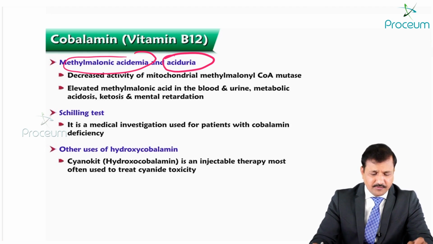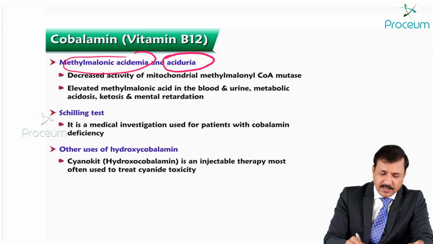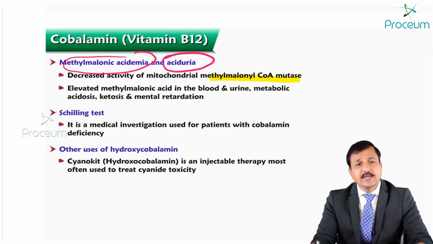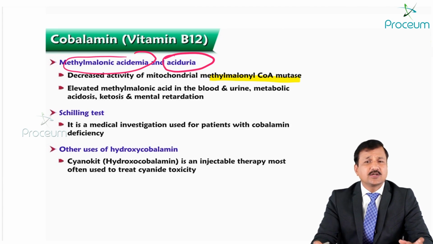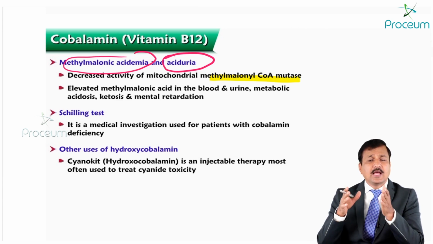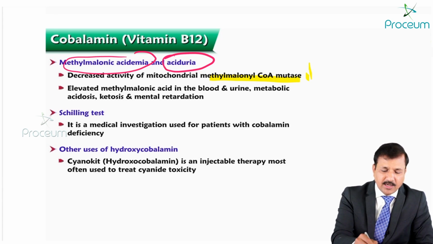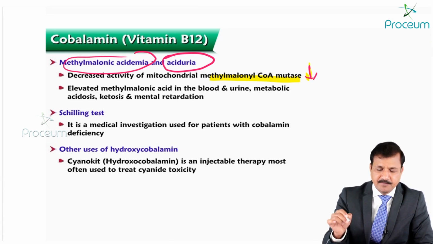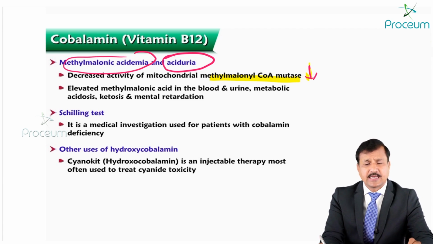Because conversion of methylmalonyl-CoA into succinyl-CoA, which is done by methylmalonyl-CoA mutase, needs deoxyadenosyl cobalamin. So when there is a decrease in cobalamin, that means there is a decrease in deoxyadenosyl cobalamin, and that leads to decrease in the activity of methylmalonyl-CoA mutase enzyme, and that leads to elevation of methylmalonic acid.